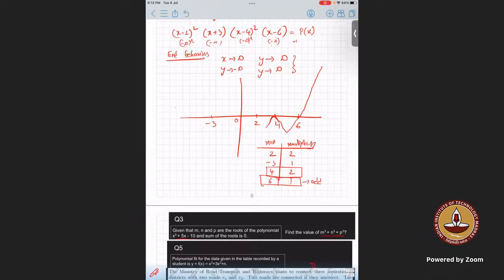It will go like this and hit 2. As 2 also has even multiplicity, it won't cross the x-axis, but it changes direction, and it goes to plus infinity.